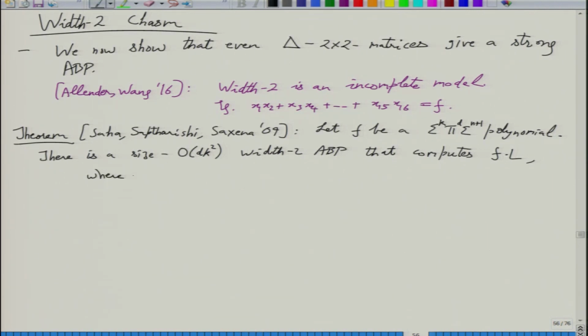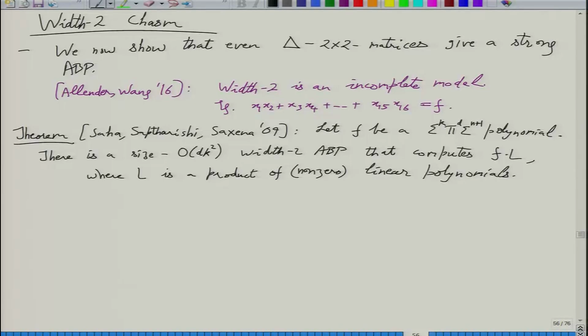L is just a product of non-zero linear polynomials. And even these linear polynomials will not be magical. They will just be the linear polynomials that you see in the sigma pi sigma representation. So sigma pi sigma representation is basically a sum of product of linear polynomials. The set of these linear polynomials, you take a suitable product of them, that is L.